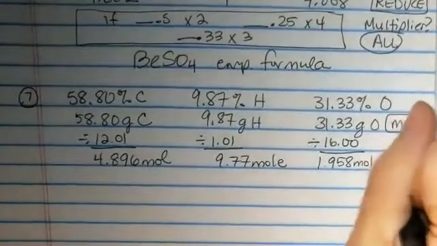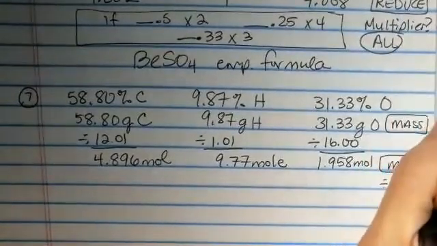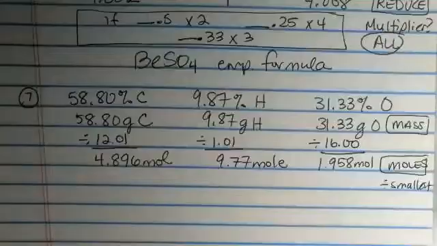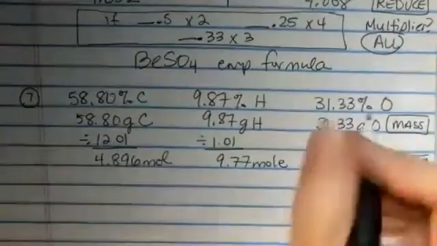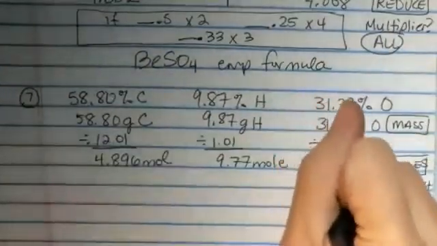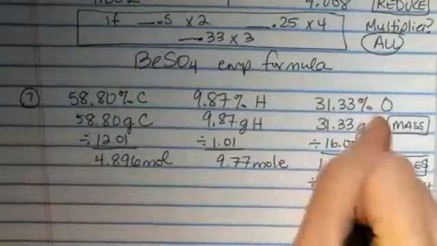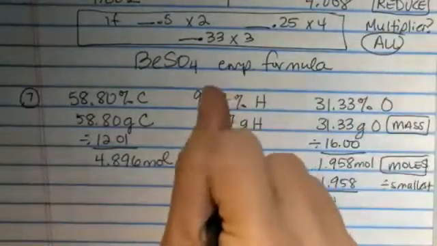So at this step, we divide through by the smallest and make sure we do everything there. So not just the compound that has the smallest number of moles, but all of them. Because again, we want to keep that ratio nice and fixed. So the oxygen has the lowest amount. So I'm going to divide by 1.958. Oxygen's going to go to 1. All right.